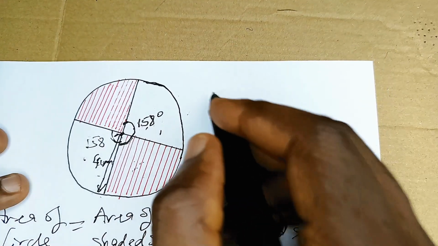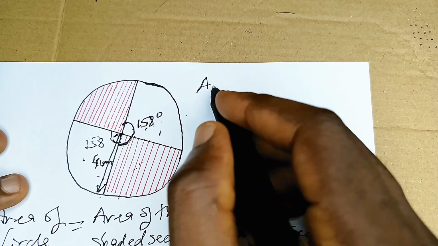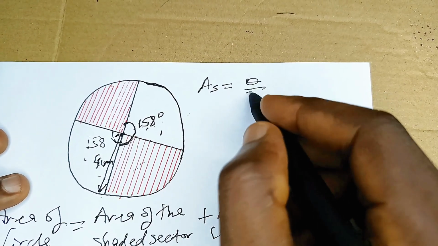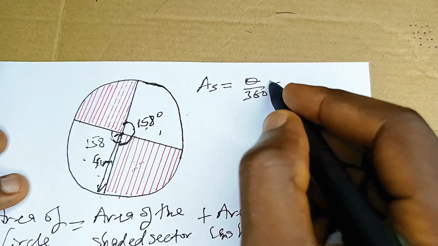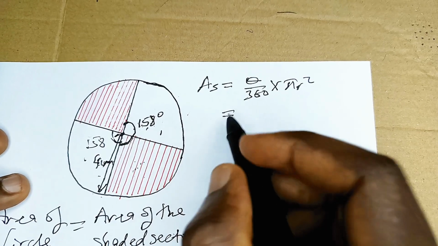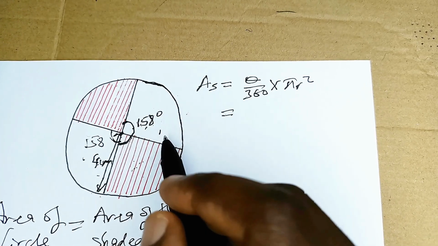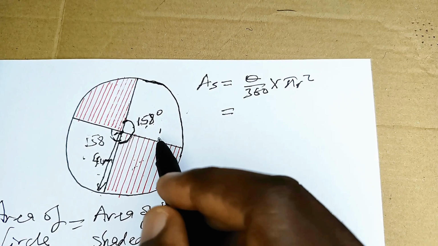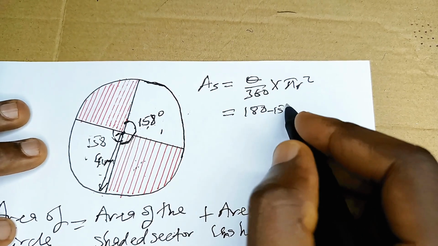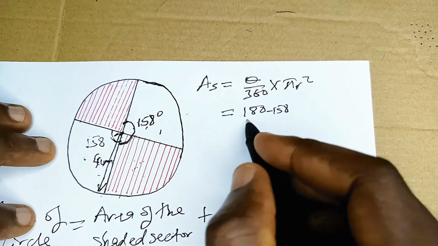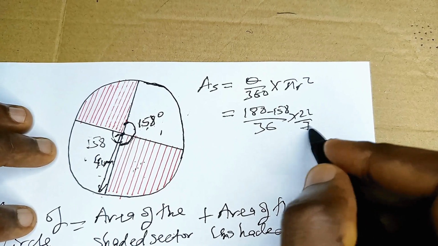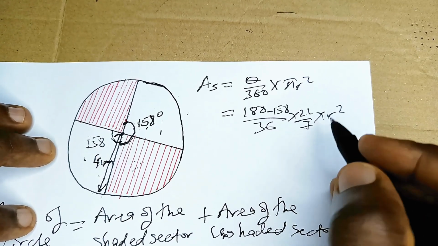So the area of the shaded portion, which is also the sector, is theta over 360 multiplied by pi r squared. Theta in this case will be 180 minus 158, that is a straight line, divided by 360 multiplied by 22 over 7 times r squared.